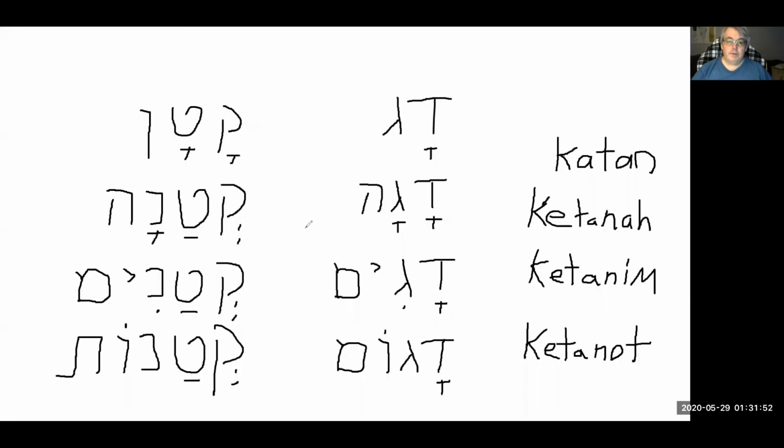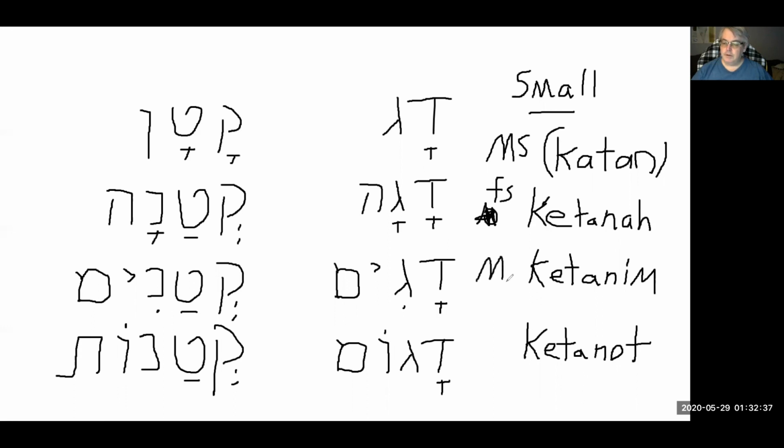So one last example here. There's lots of examples, like I said. So you get the word katan, which means small or little. So kind of the opposite of gadol. Gadol is big. Katan is small, right? So katan is your masculine singular. Ketana is your feminine singular. Ketanim is your masculine plural.